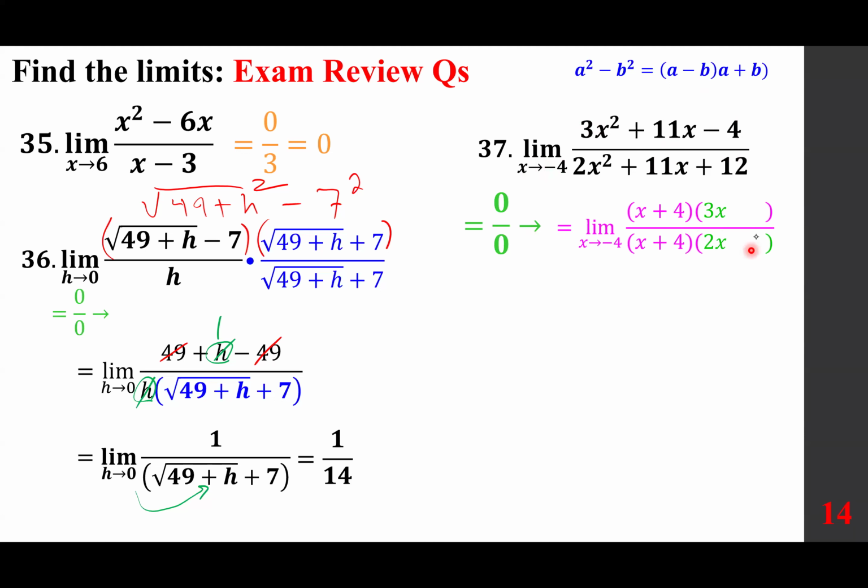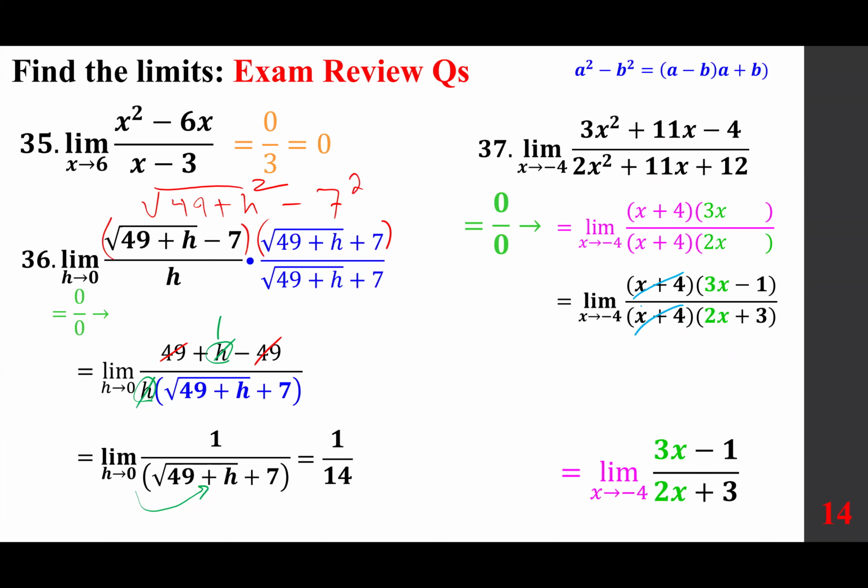If you divide 12 by 4, that means you need 3. Not only that, you want to check the middle term. So 4 times 3, 12x minus x is 11x. 3x plus 8x is 11x. And you drop the common factor of x plus 4.